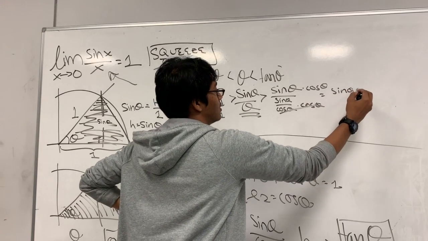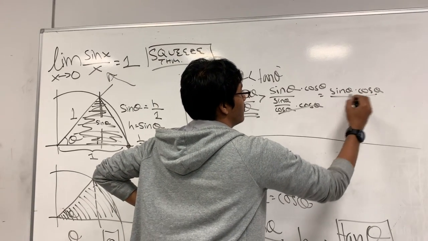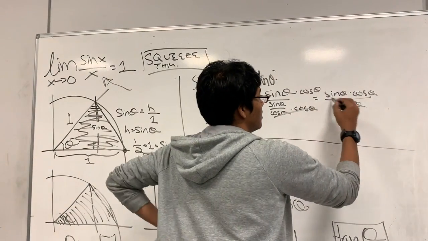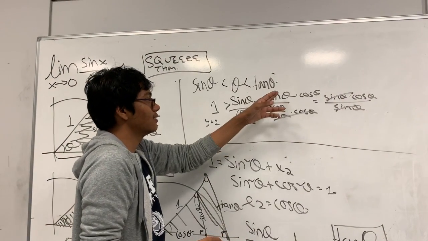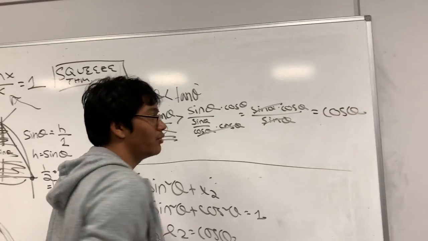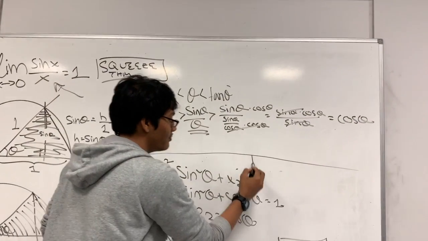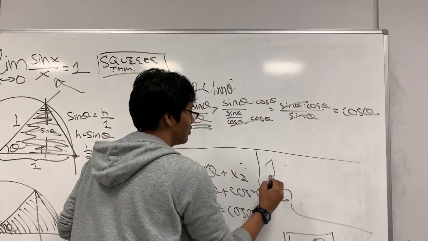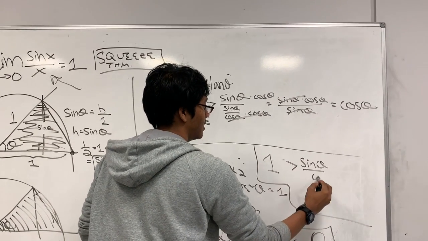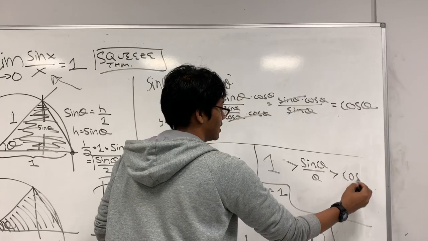Sine theta times cosine theta over sine theta. Sine and sine cancel out. So that means sine theta over tangent theta is just cosine theta. So we've made our inequality even simpler. So this is our final inequality: 1 is greater than sine theta over theta is greater than cosine theta.